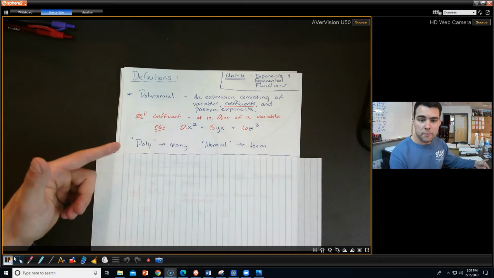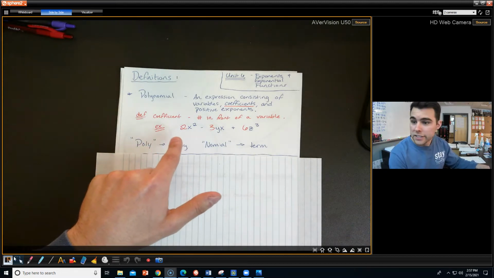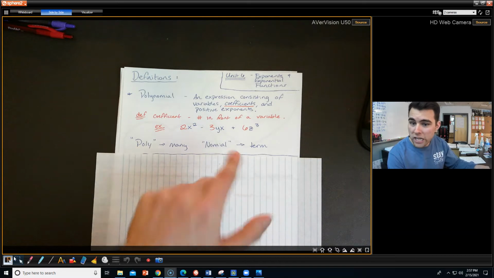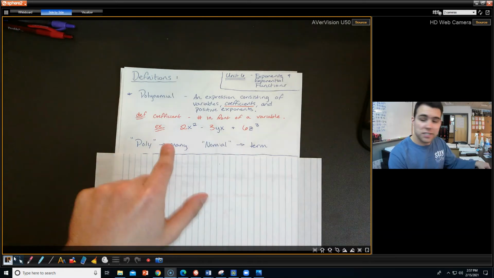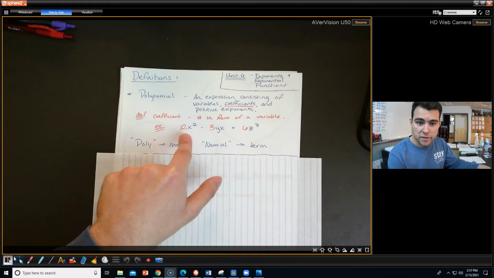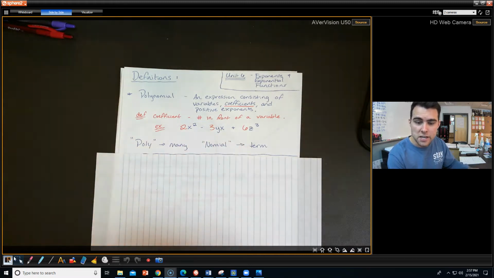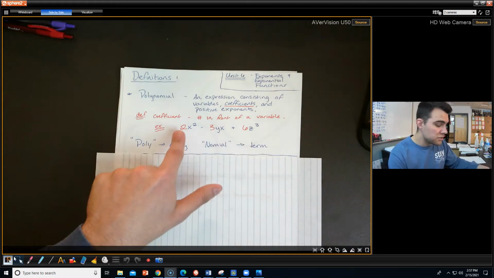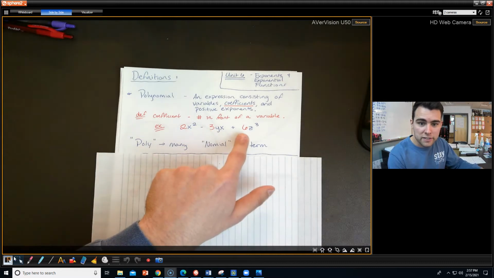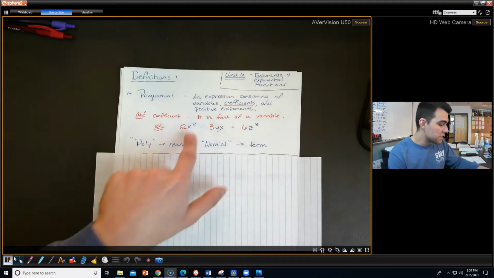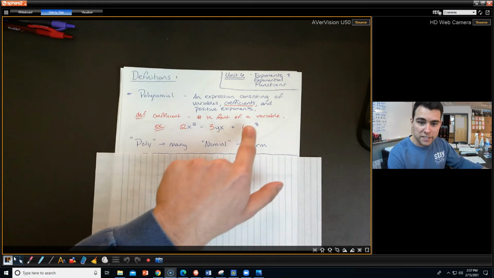So here's an example of a polynomial. This is an expression. There's no equation, there's no equal sign. It's just an expression consisting of variables: the x, the y, the z. The coefficients, these red guys, the numbers out in front, and the positive exponents. All of these exponents are positive.